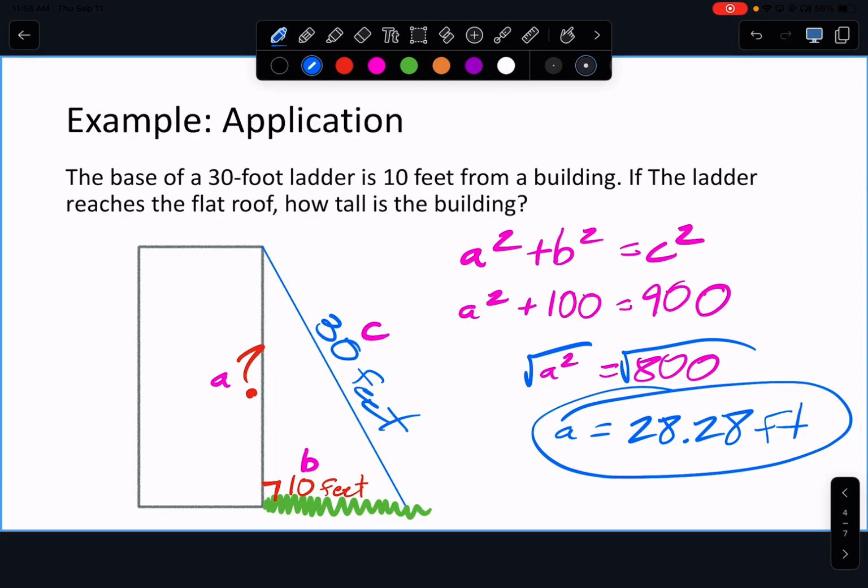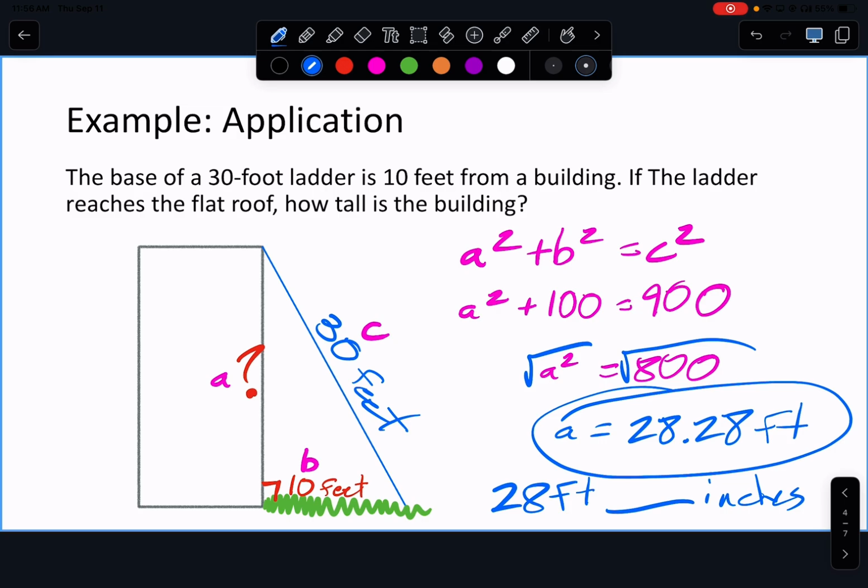Okay? So 0.28 is just over like 1/4, right? Because 0.25 would be a fourth, right? So if we wanted to put this in feet and inches, I'm stretching the problem a little bit here. This would be 28 feet and about how many inches? If it's 0.28, like that fractional part, what would a fourth of a foot be?